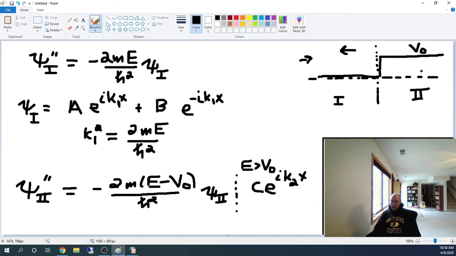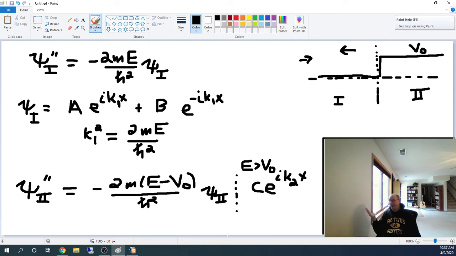There's a problem with one of those, though, that I mentioned. The problem is the e to the positive alpha x, where alpha is a positive constant. Notice what that would do. That would mean that the wave function in region 2, that positive exponential, would grow without bound, which is not normalizable. It doesn't really make sense.